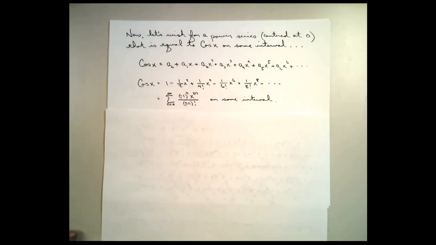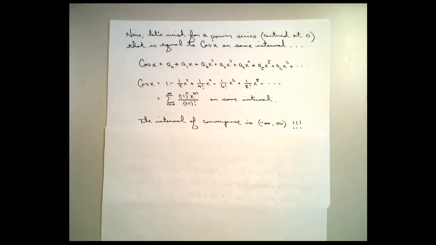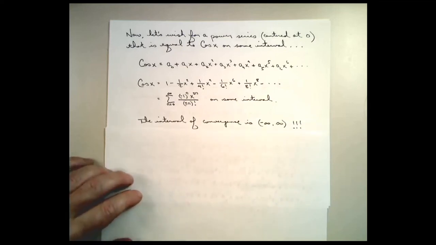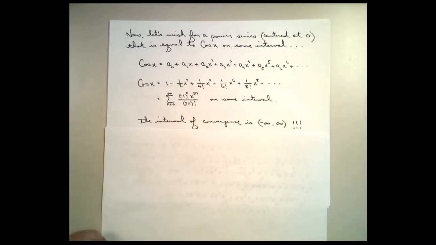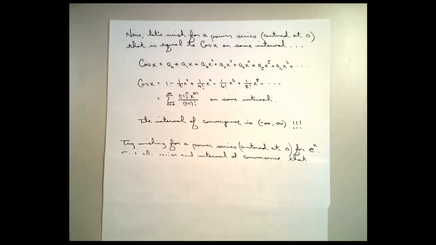Okay, let's see. What I got was, just like sine x, that the interval of convergence for cosine of x, this power series, turns out to be negative infinity to infinity as well. Now try wishing for a power series centered at 0 for e to the x. Try wishing for that.